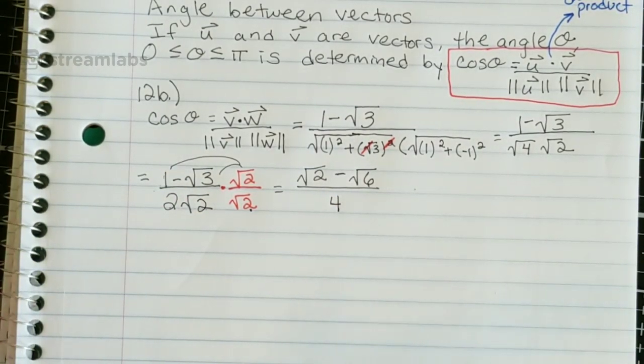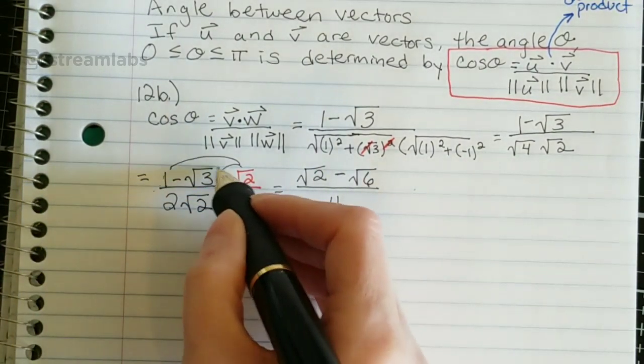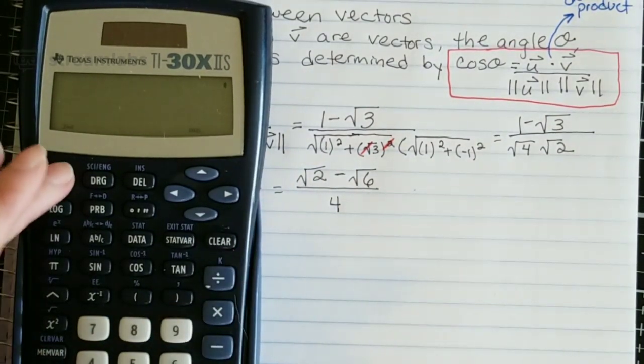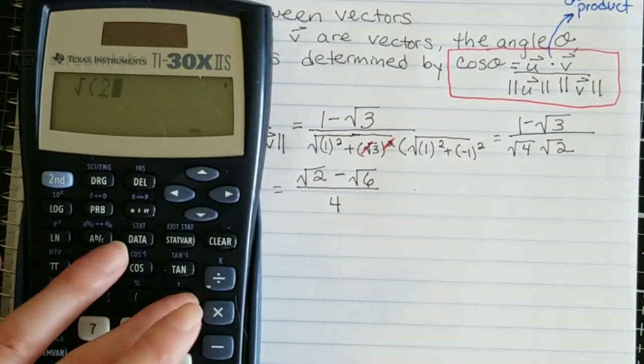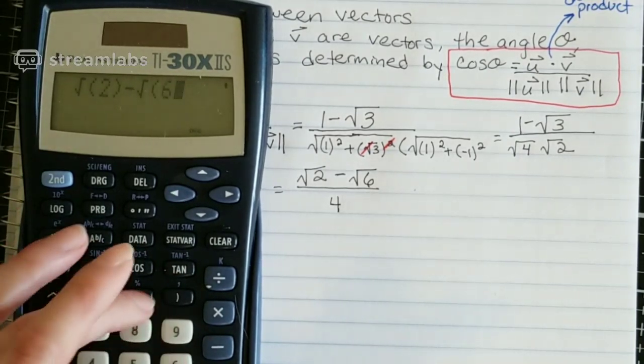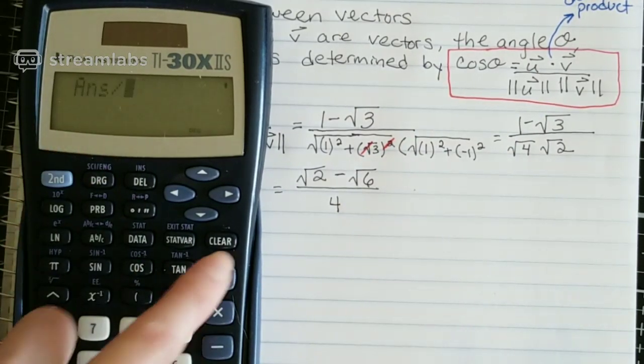All right, and then you're going to want to type this in. You want to get this as a decimal. Like I said, you probably could have just typed that part in and got a decimal there. Okay, so square root of 2 minus the square root of 6. Okay, so that's that, and then we need to divide it by 4.